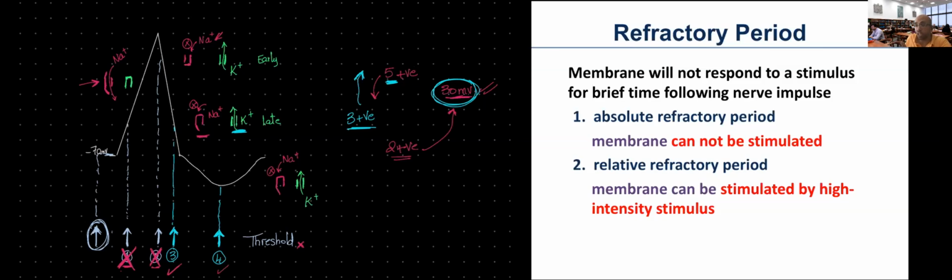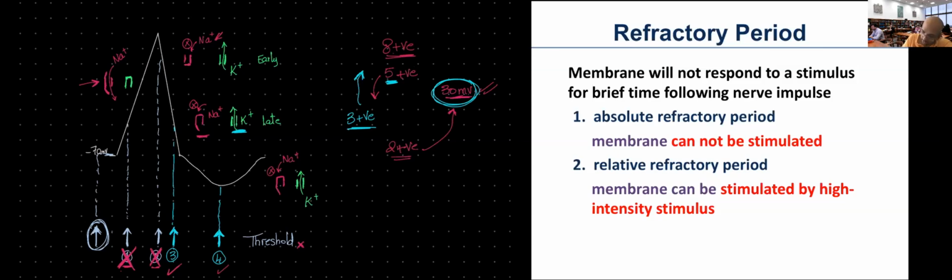But can you respond in general? Yes, you can respond, but not to a threshold stimulus. You need something stronger than a threshold stimulus. Something that allows more sodium channels to open. So something that will allow 8 sodium instead of 5 to move in the cell.